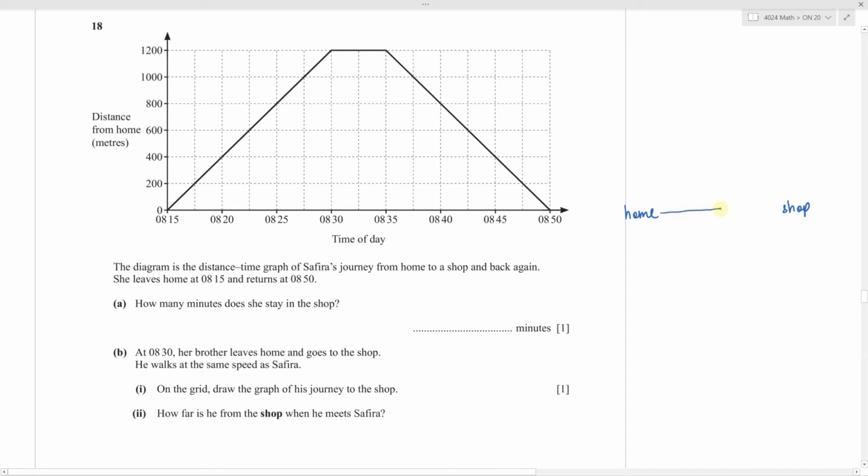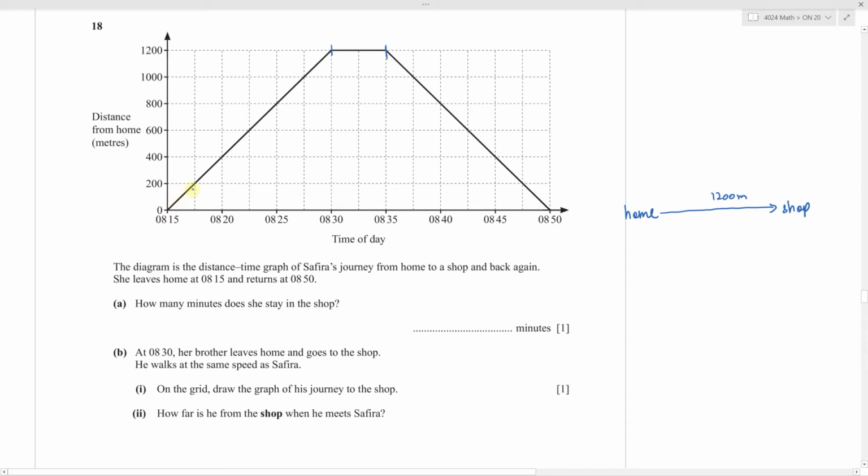That means she goes this way 1200 meters and then comes back. So part A is how many minutes does she stay in the shop? She stays in the shop between 8:30 and 8:35 because the distance is not changing.